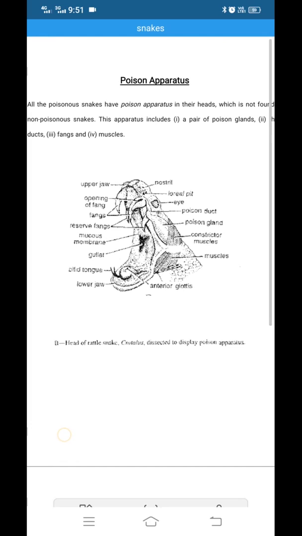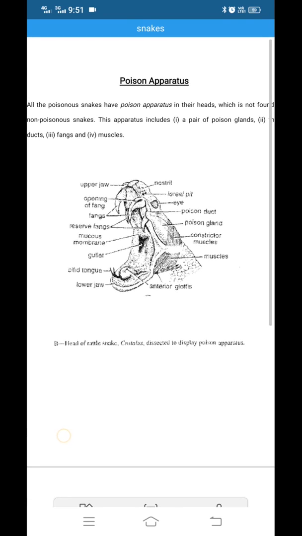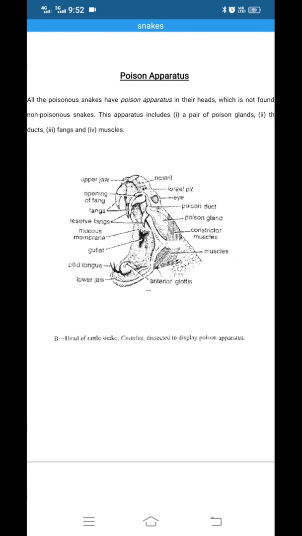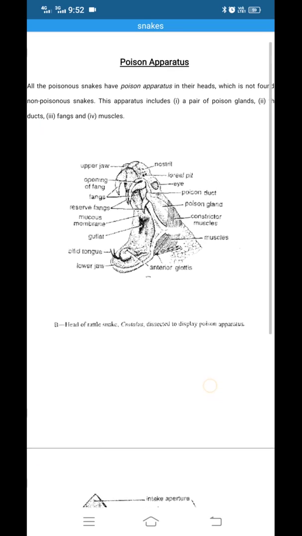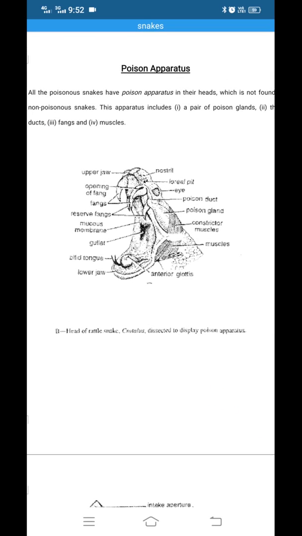In these snakes, a large functional fang occurs in front of each maxilla, whose base is covered on all sides by a sheath containing a few reserve and developing fangs. The main characteristic of these Solenoglyphous types of fangs is that these are movable, and when the mouth is closed, these fangs turn inside to lie close to the roof of the mouth.